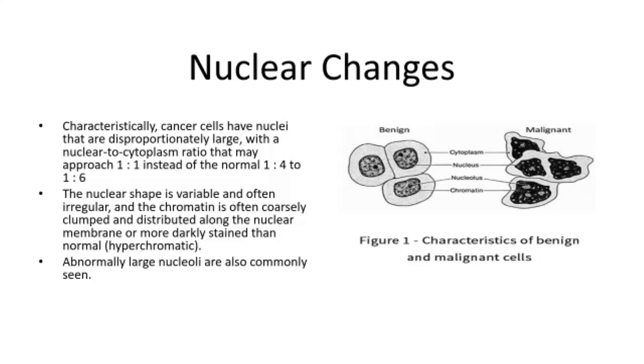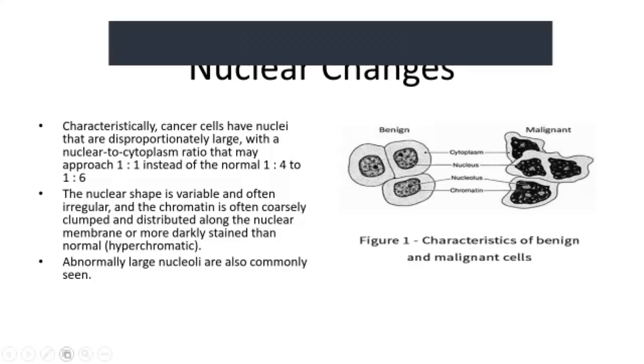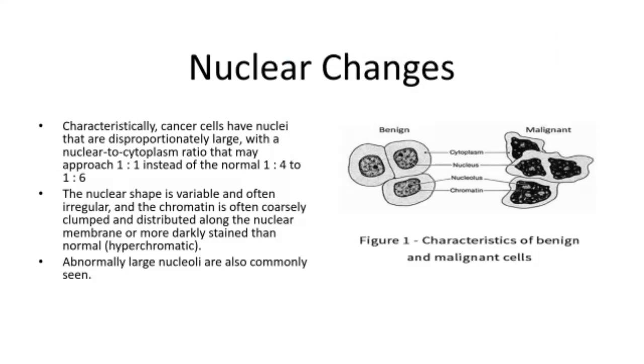So the nuclear to cytoplasmic ratio, which is normally 1:4 to 1:6, changes in malignant cells to 1:1, almost half. The nuclear shape is variable and often irregular, and the chromatin is often coarsely clumped and distributed along the nuclear membrane, and it is more darkly stained than normal. Abnormally large nuclei are also commonly seen in malignant cells.